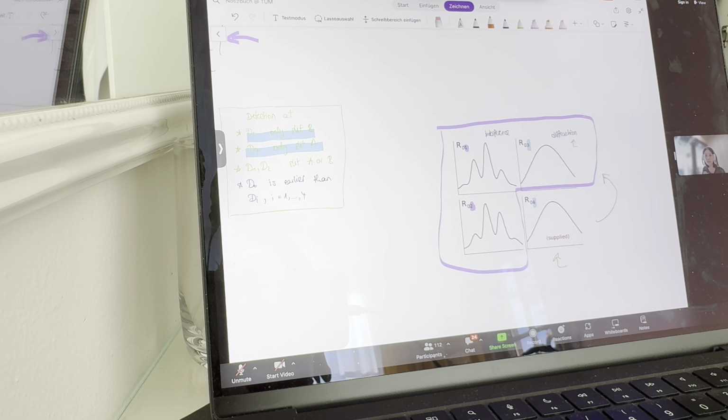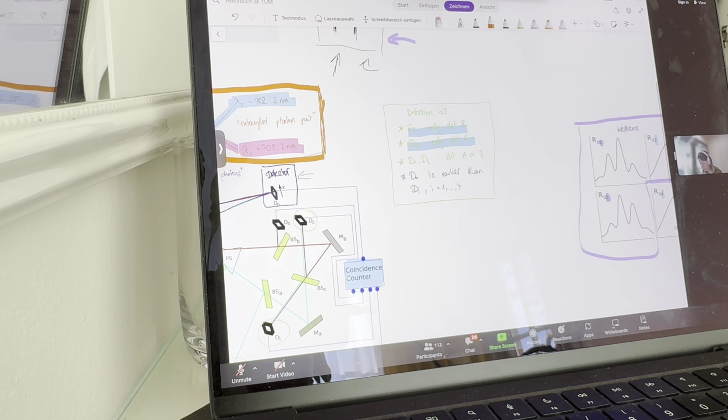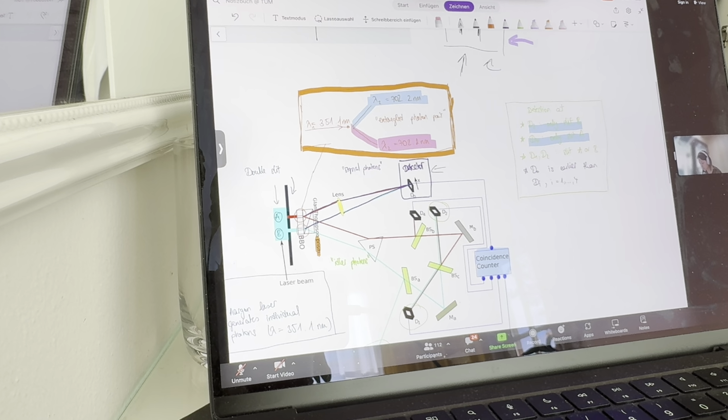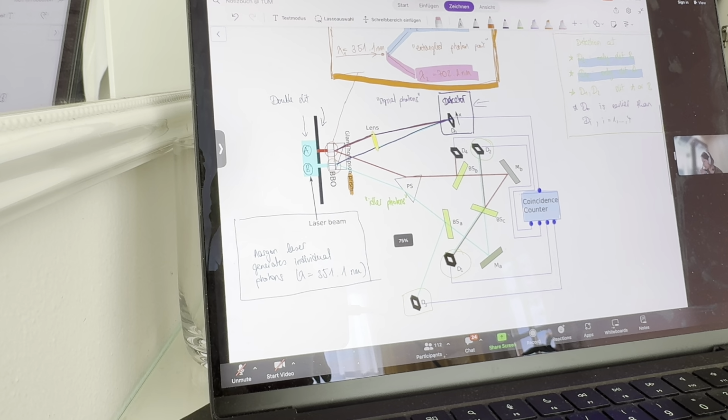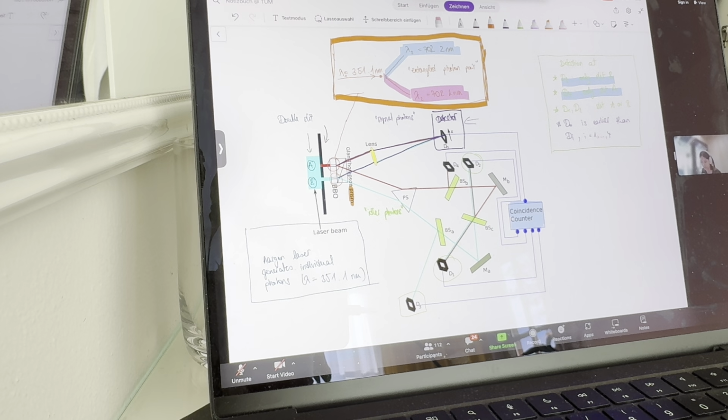Why do we need D0 then? I get the rest, but it's a bit unclear what D0 contributes to the result. Okay, that's a good question. D0 is the photon that actually interferes.